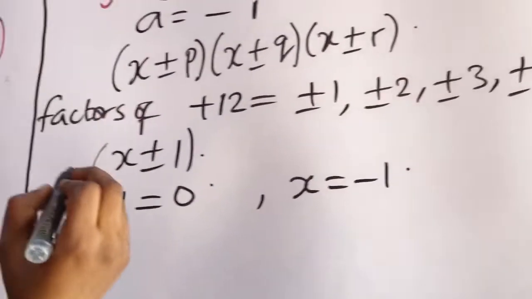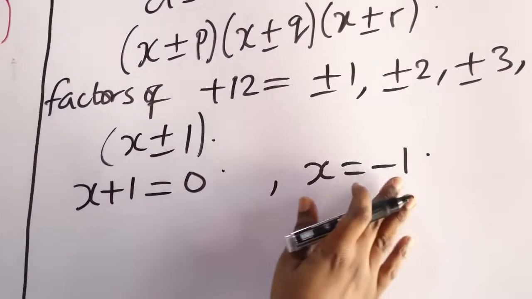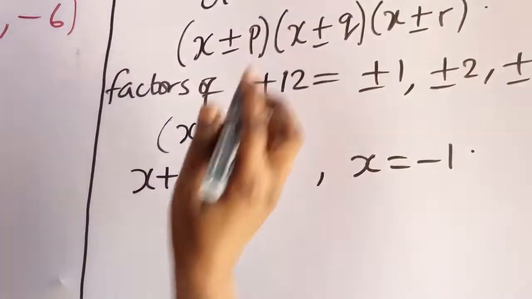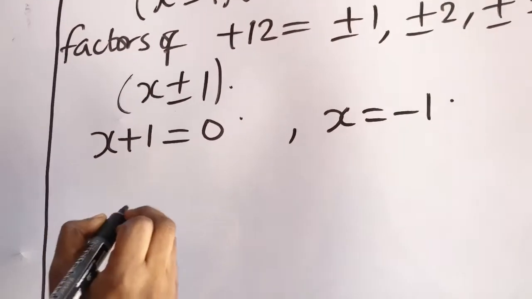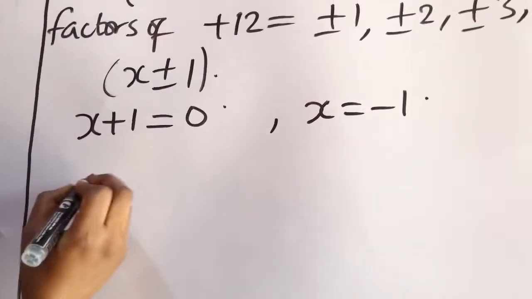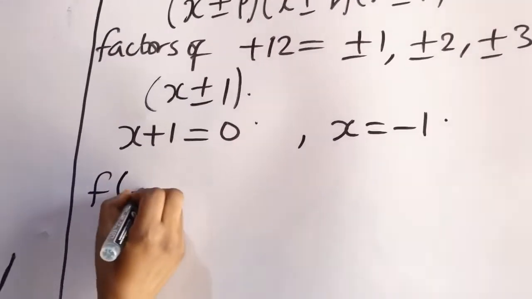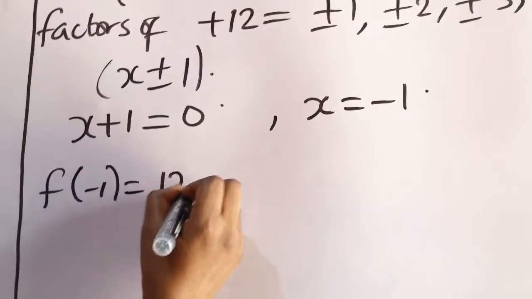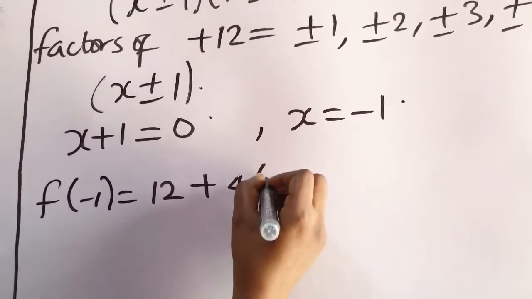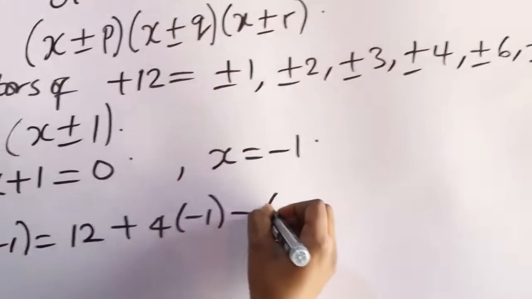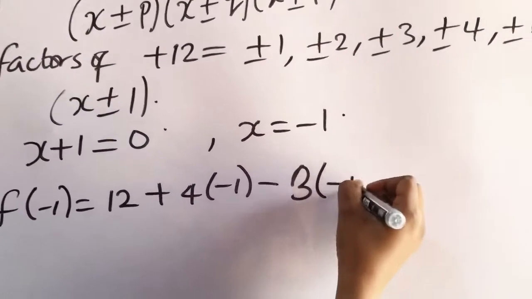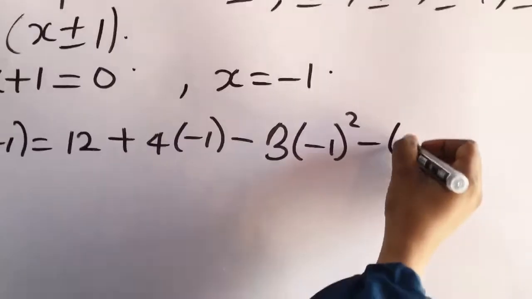So let's substitute the value of x equal to minus 1 into this polynomial, 12 plus 4x minus 3x squared minus x cubed. So f of minus 1 will be equal to 12 plus 4 multiplied by minus 1 minus 3 multiplied by minus 1 squared minus minus 1 cubed.